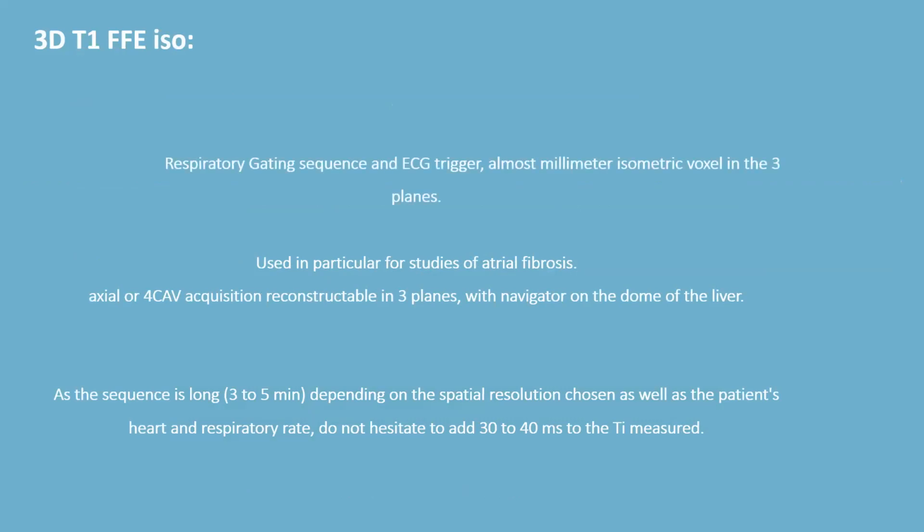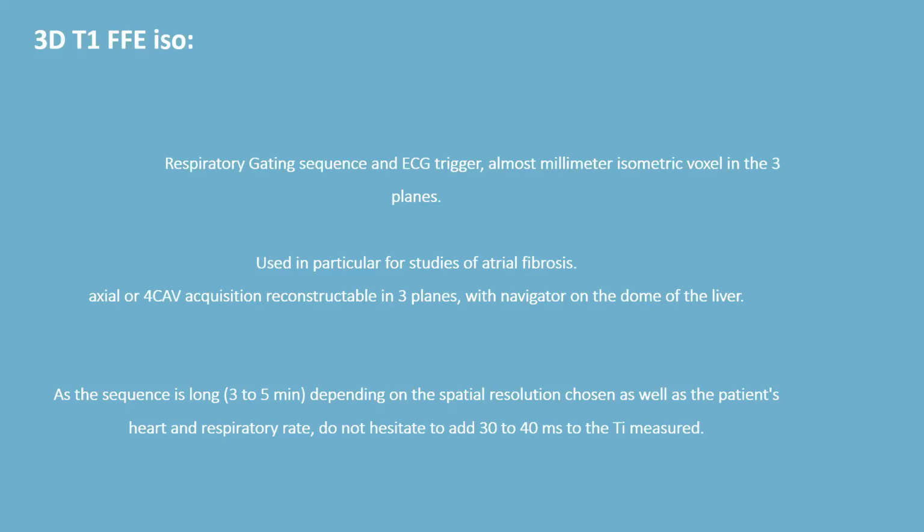There is also the 3D T1 fast field echo ISO. It's acquired with respiratory gating and ECG triggering. It's used in particular for the study of atrial fibrosis. We can use it in axial, short axis or four chamber acquisition, and we can see it in free plane.